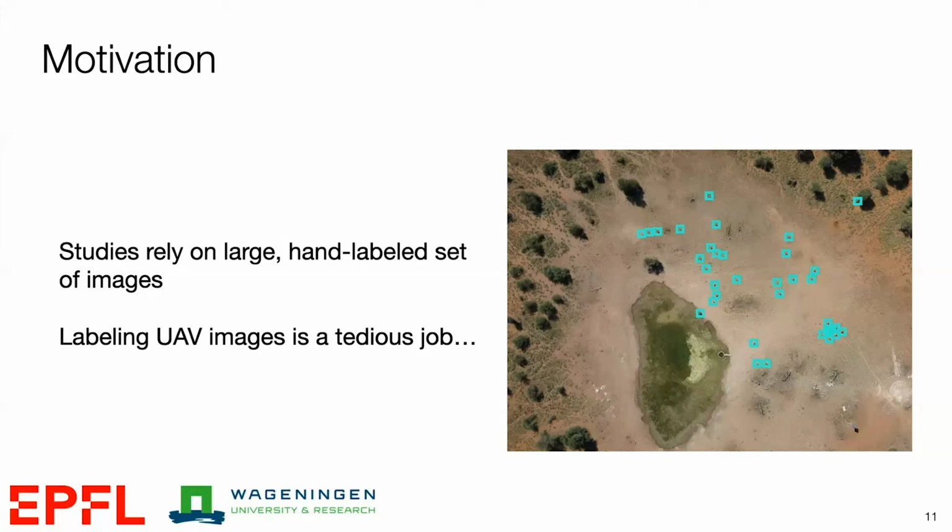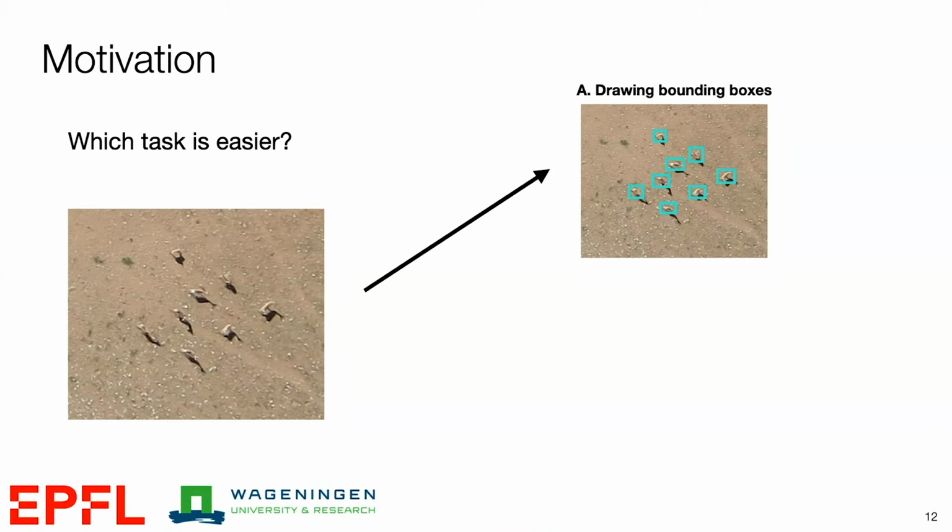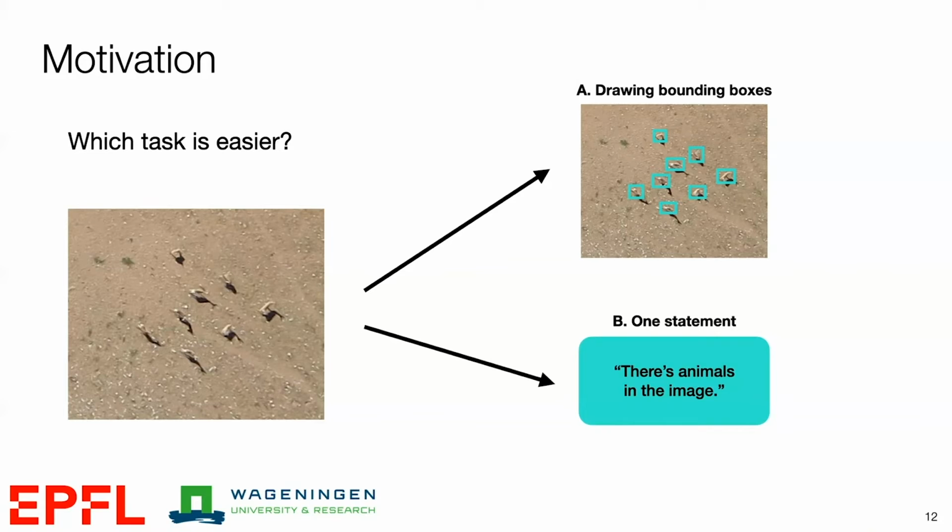And with this, I'm going to start with a rhetorical question on what is easier. Let's say you get this image here, which contains animals, and you have to do one of the two tasks. A, you can draw a bounding box around each animal as precisely as possible. Or B, you just make one statement: this image contains one or more animals.